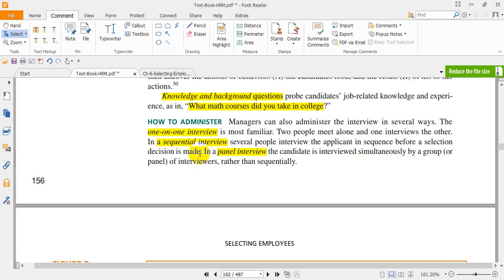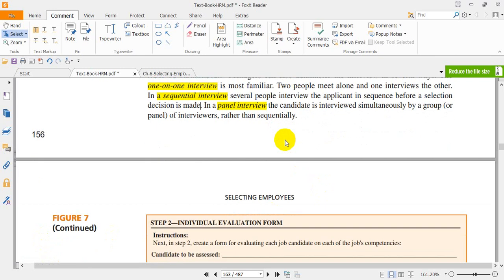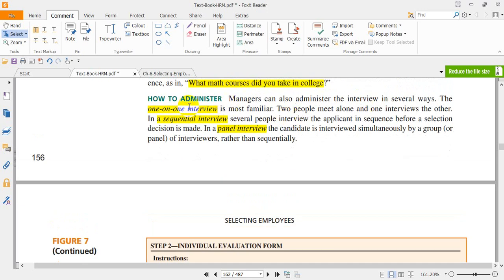Sequential means many interviewers, but separately, several interviewers separately interview the candidate. In a panel interview, the candidate is interviewed simultaneously by a group or a panel, a committee of interviewers, rather than sequentially. Okay, so here are three types: one-on-one, sequential, or panel.